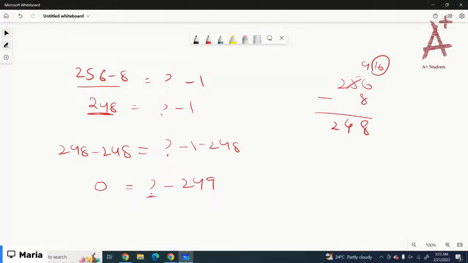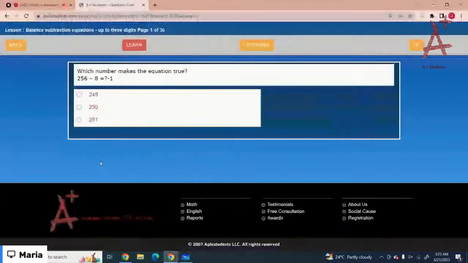We know that we need some number that, subtracted from 249, makes 0. 249 minus 249 is 0, isn't it? This one is given, so this one is missing. That means the missing number is 249. Got it? The correct option is 249.